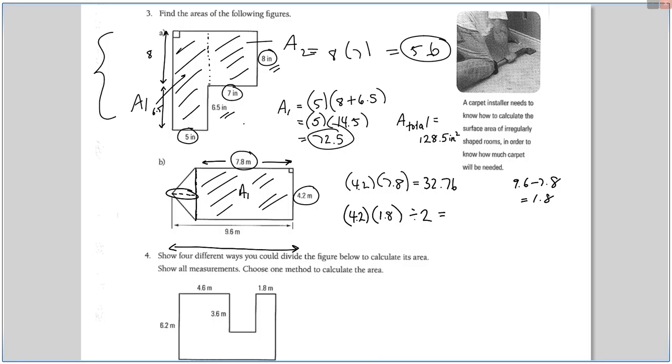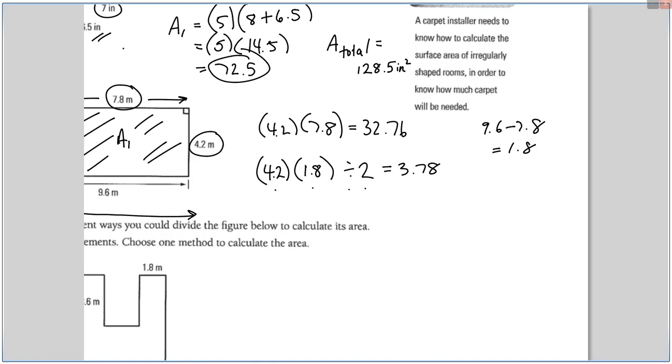That's what we'll put for the height of the triangle. So base times height divided by 2, and we will end up with 4.2 times 1.8 divided by 2 is 3.78, and the unit would be square meter.